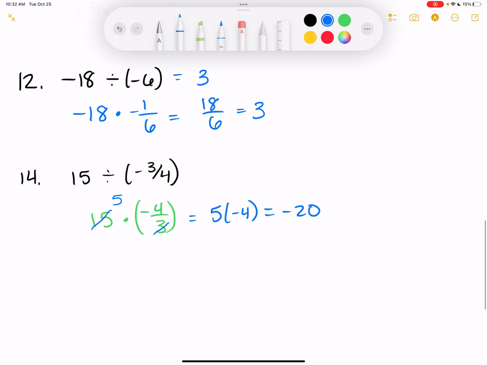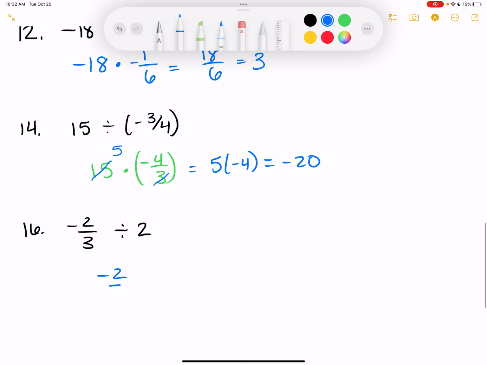All right, this next one, they kind of flip things on us a little bit. They have negative 2 over 3 divided by 2. The thing that's written after the division symbol is always what we're going to write the multiplicative inverse of. Okay, so we copy down the negative 2/3 times, what is the multiplicative inverse of 2? 2 over 1, or 1 over 2.